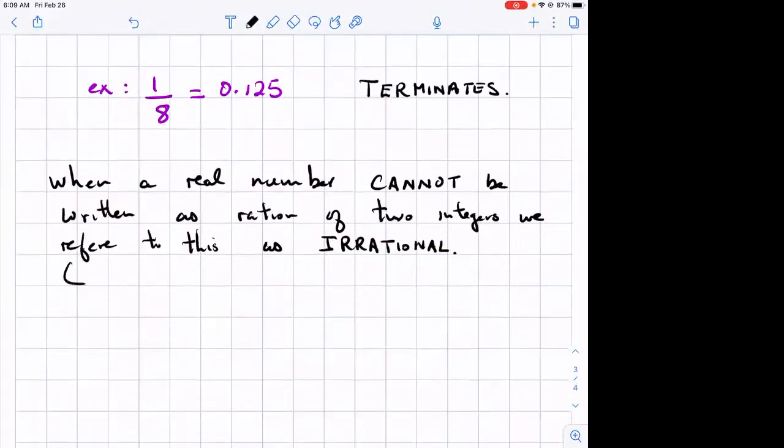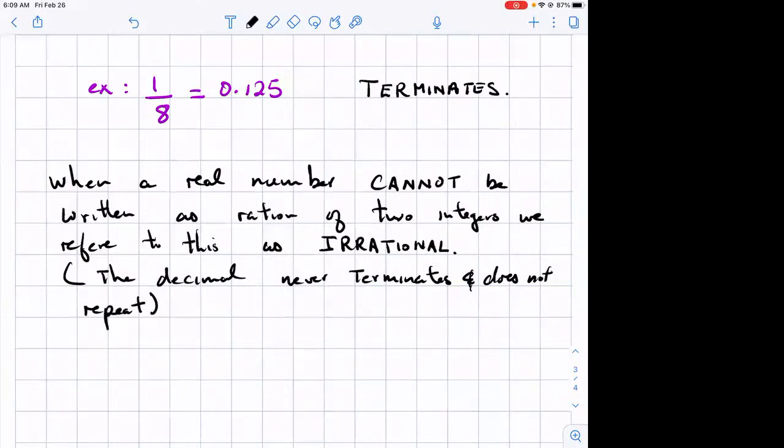And this here, irrational, the decimal never terminates, and does not repeat.